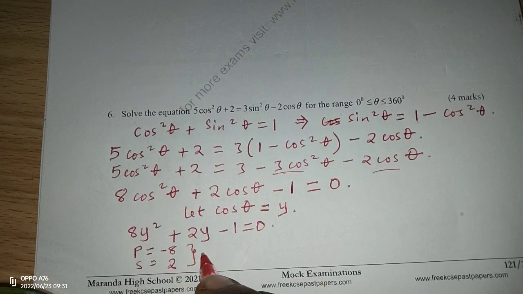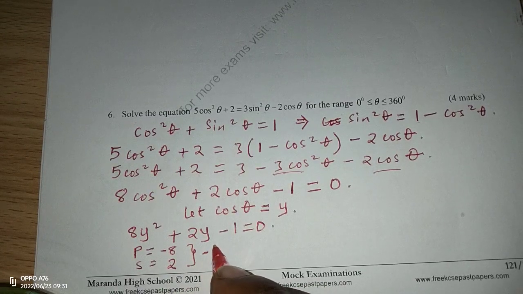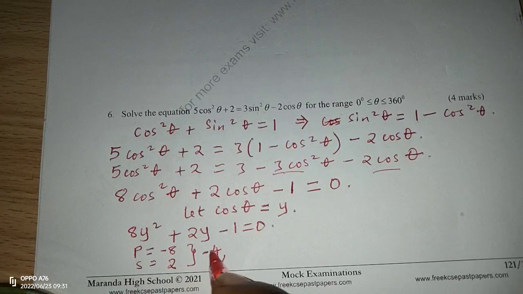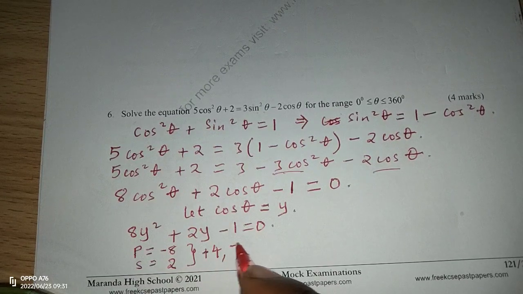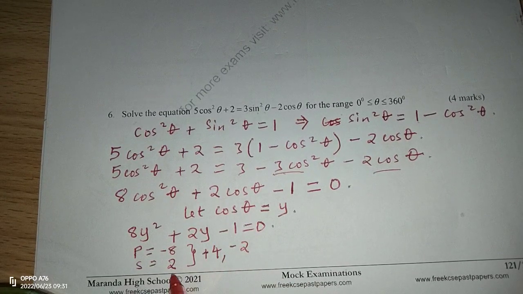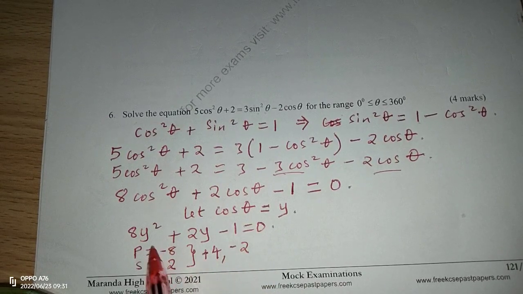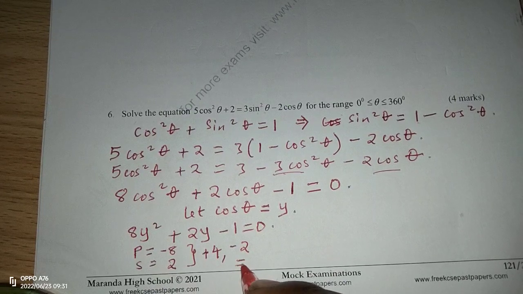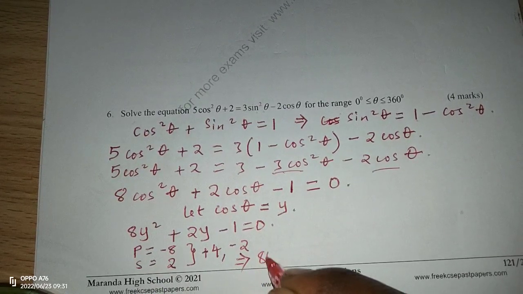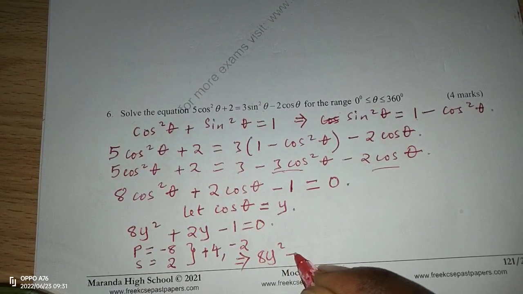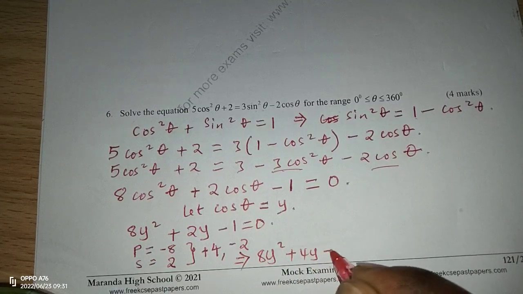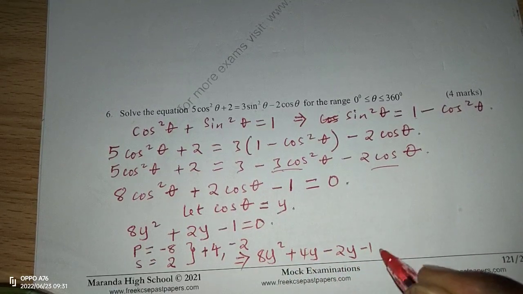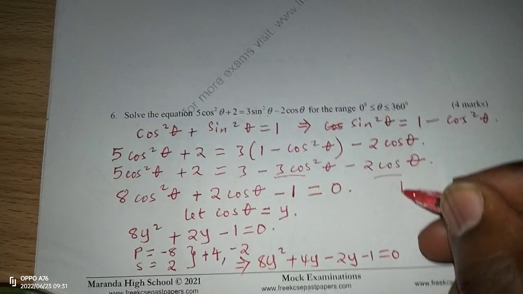This can be negative 2 and positive 4. When added, they will give us positive 2, and when multiplied, negative 8. Therefore, now we can substitute 2y with 4y and negative 2y. And this is going to give us 8y squared plus 4y minus 2y minus 1 equals 0.